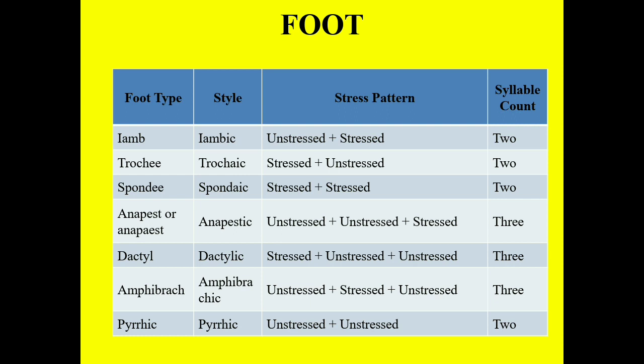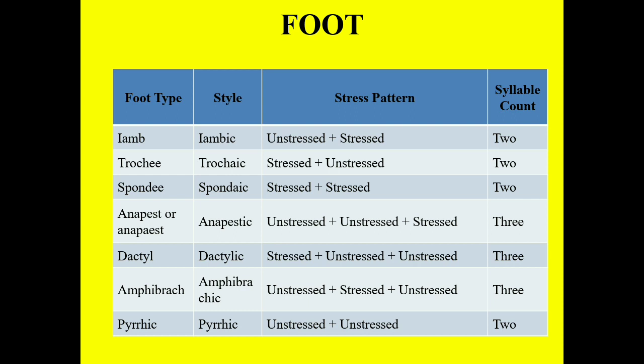Iambic is a two-syllabic foot, unstressed and stressed, and trochaic is also a two-syllabic foot, opposite to the iambic: stressed syllable and unstressed syllable. And spondaic, which is also a two-syllabic foot, consists of a stressed syllable and a stressed syllable.